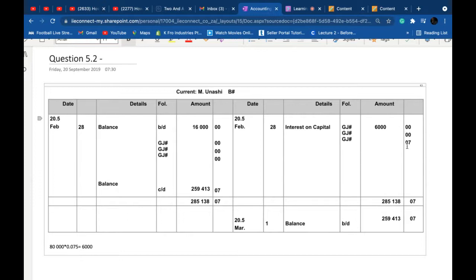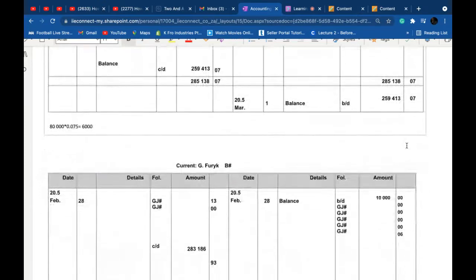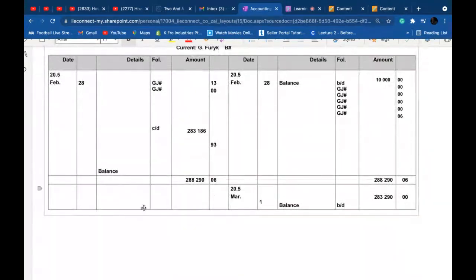Then the next thing is obviously we can then go to the next partner and do the same. At this stage, we already know that we're crediting since, what's the partner's name here? I'm just going to say G. G also has a credit balance, 50,000 times 0.075.